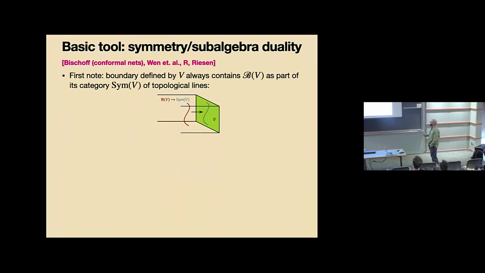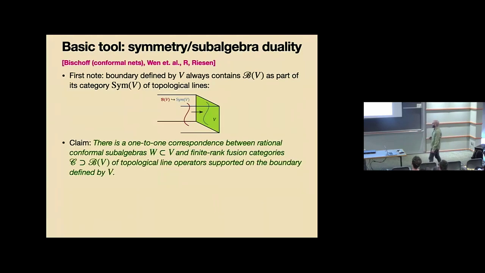And the situation here is slightly different from the case of gapped boundaries, because in the case of gapped boundaries, when you push, sometimes the line can split into two or more. But for these chiral algebra boundaries, it turns out they never do split. So it's a genuine kind of subcategory. And so my claim is that there's a one-to-one correspondence between conformal subalgebras of the operator algebra of your chiral algebra, W, and finite rank fusion categories that act.